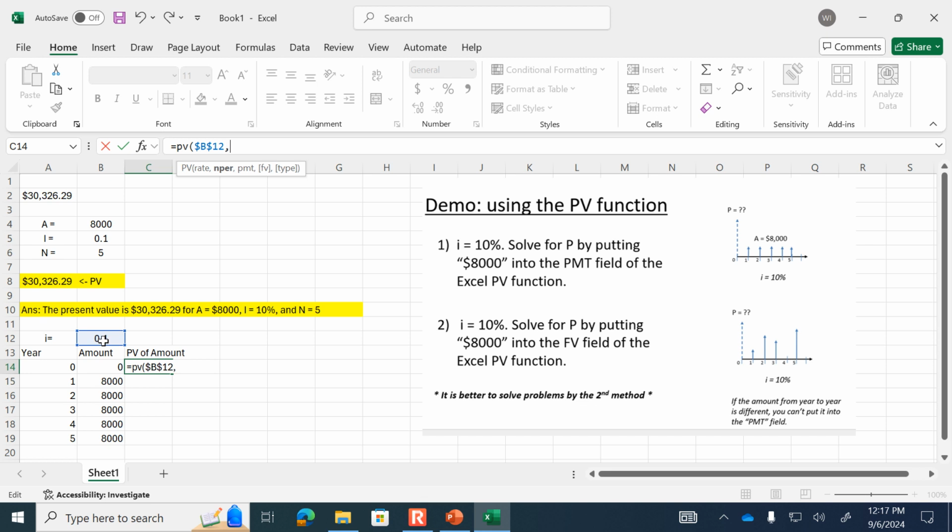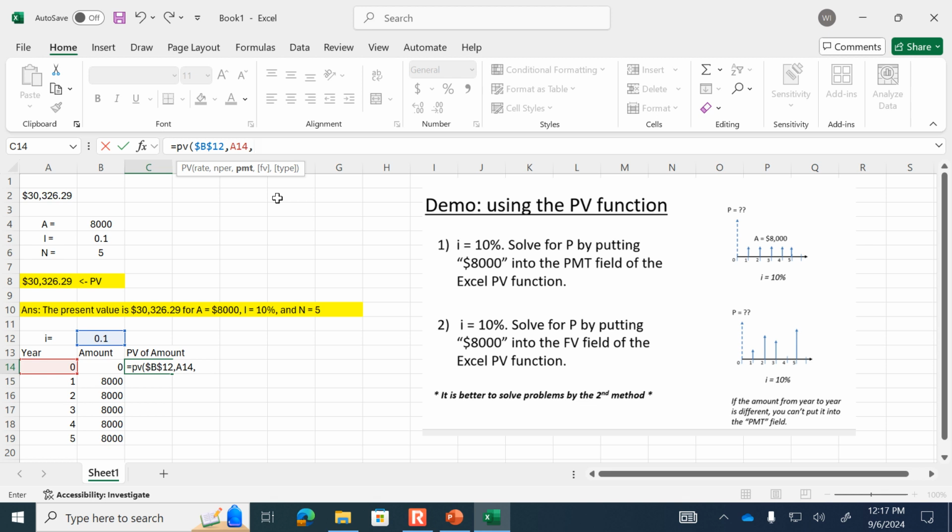Okay, so NPER means the number of periods. So that means, in this case, the year that we're in, because what we'll want to do, for example, is move this $8,000 5 years back in time to find out the present value. So the N that it's asking about is how many years back in time do you want to discount the amount in that row.